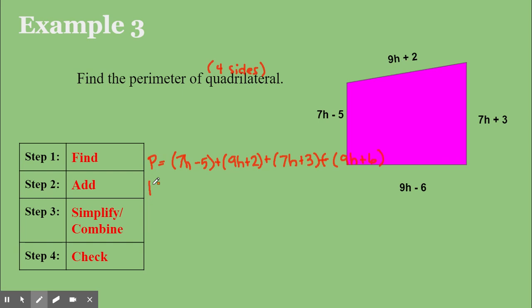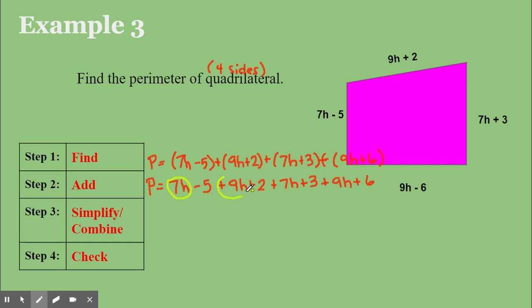The next step is to remove all the parentheses. There's no subtraction, there's no distributing in this problem, and so we're just going to remove all the parentheses. And then we're going to look through and group our things that have the same variable part. So here we have something with an h. So we have 7h.